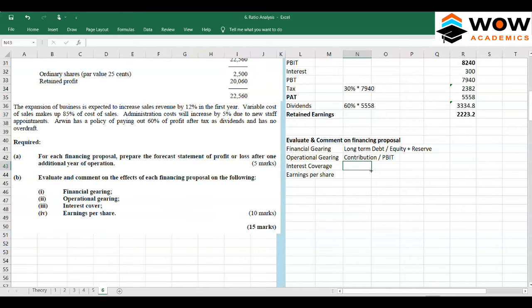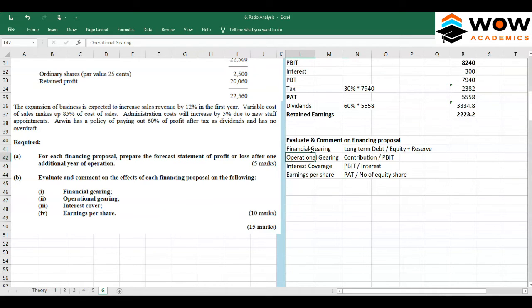Then you have interest coverage. So interest coverage would be PBIT divided by interest, and earnings per share is PAT, profit after tax, divided by number of equity shares. Okay, so that's about the idea here.